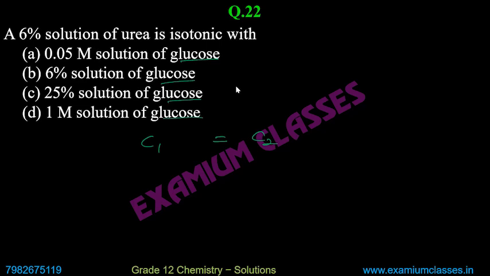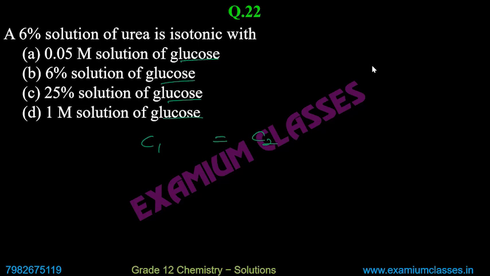I'm just looking for answers first and then I'll explain. Okay, Preeta, correct answer here of this one. Mehak, no. Concentration needs to be same. So in which case concentration will be same. So first calculate the concentration of 6% solution of urea.